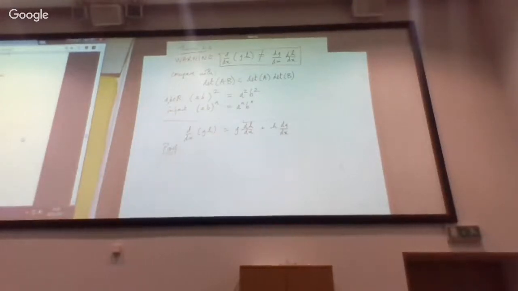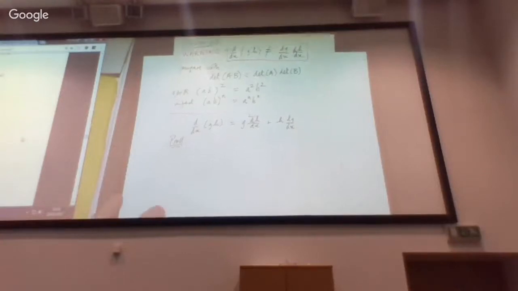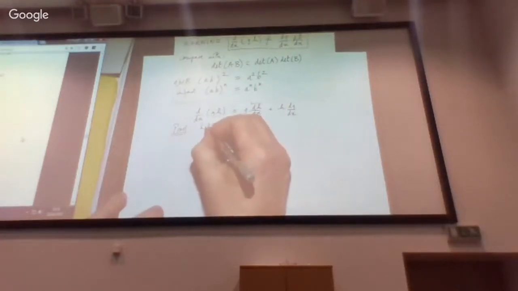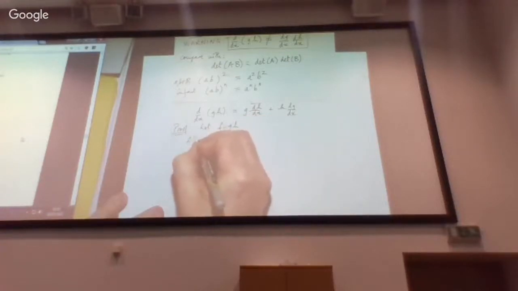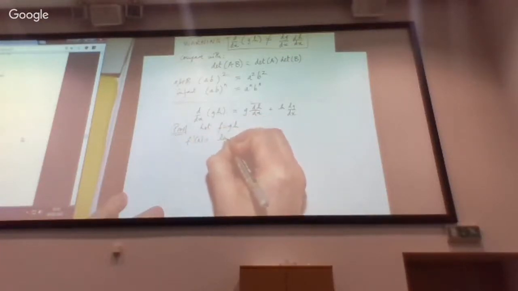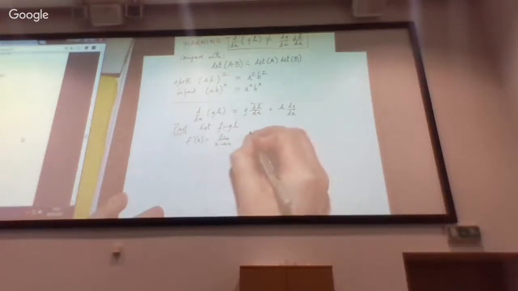Now this can also be proved using a similar approach to how we did linearity. It just takes a little bit of a twist. So if we let f be equal to g times h, then the first step is always the same.